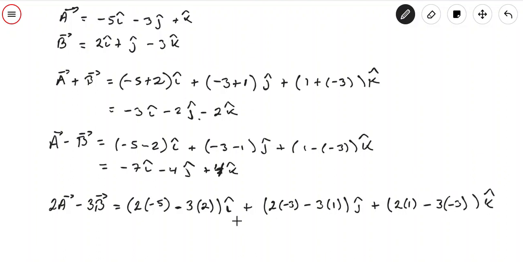This is k. So it would be 2 times negative 5, this is negative 10, minus 6, because negative 3 times 2 is negative 6, i, plus 2 times negative 3 is negative 6, minus 3 times 1 is minus 3, j, plus 2 times 1 is 2, negative 3 times negative 3 is positive 9, k.